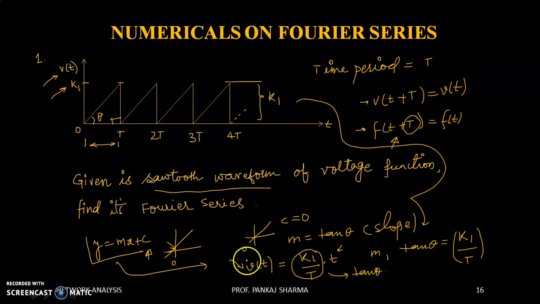I have written this equation in the range of t greater than or equal to 0 but less than or equal to T. Why? Because after time T, capital T, the waveform is repeating. It's periodic in nature.